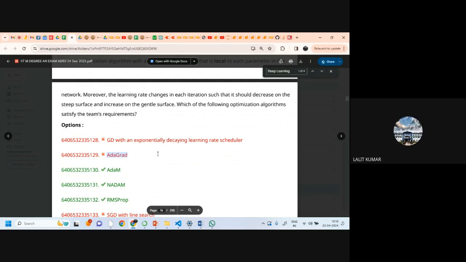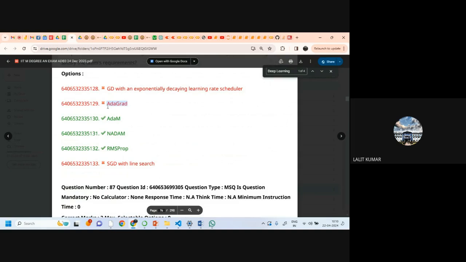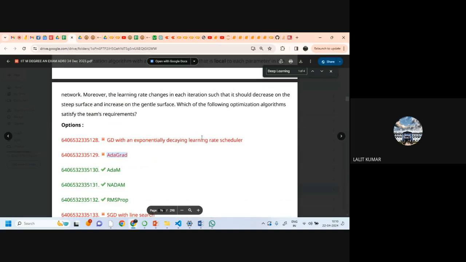Okay, that's true. I hope this is easy. We have studied it in quiz 2. So Adam and RMSProp are the only ones which do that. This is the key sentence where we have to focus: it should decrease on the steep surface and increase on the gentle surface. In fact, the best algorithm for this, if we recollect, was AdaDelta.